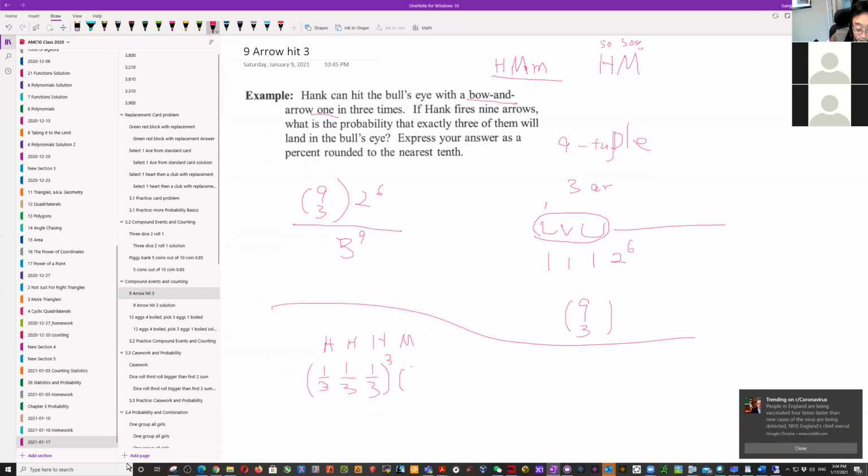Then the miss is a 2/3 chance, so that's 2/3 to the 6. Then you have 9 choose 3 ways to position which arrows you're going to hit. If you do that, it's going to be the same answer.